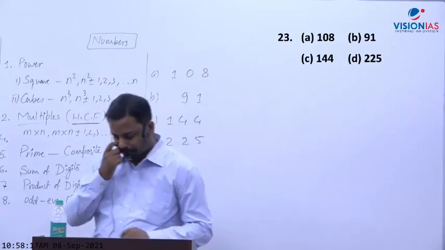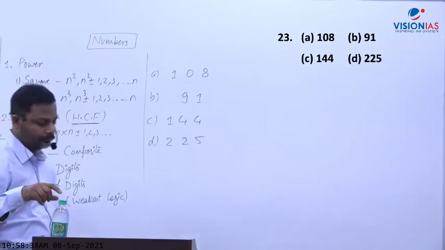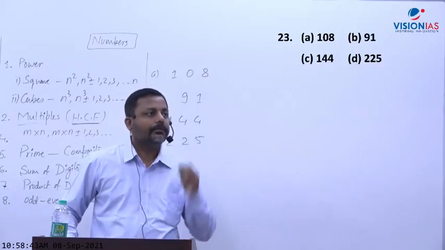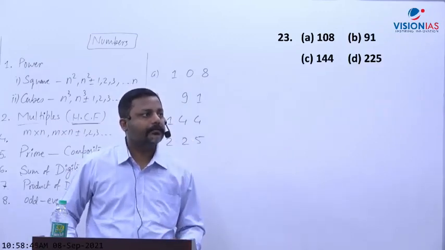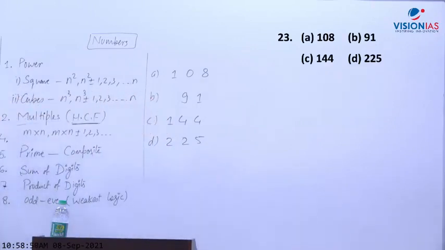So which one is odd? Okay, not a multiple of 3. Okay, 91. Okay, rest are multiples of 3.